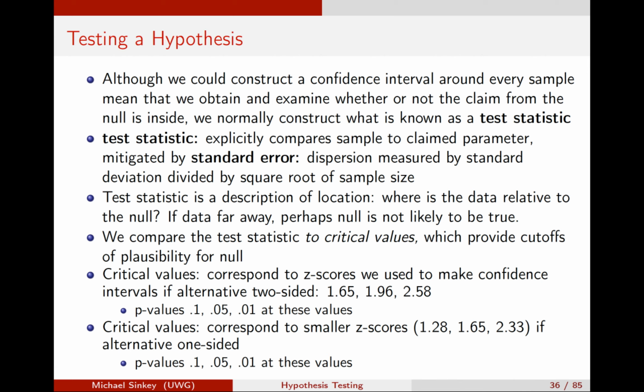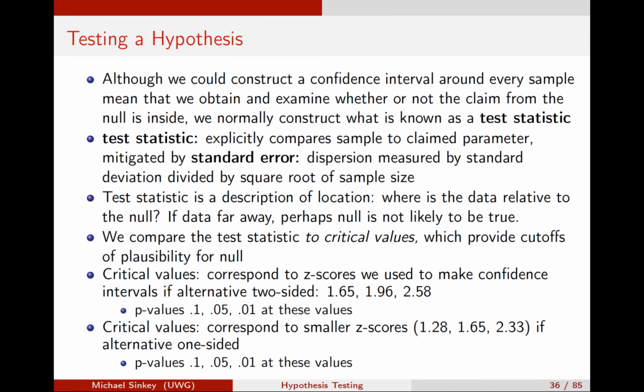So how far must my data be from the null for me to start to think the null is not likely to be true anymore? Well, I have to have some objective process for thinking about this, and this objective process means I compare how the test statistic describes the location of my data to some cutoffs where once I blow past the cutoffs, I think, gosh, this is really getting to be far away from the null.